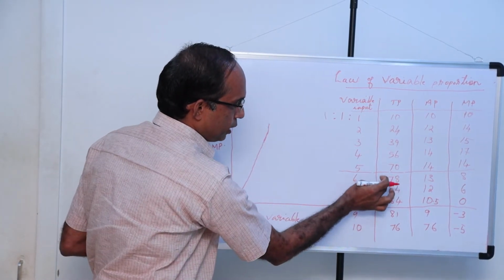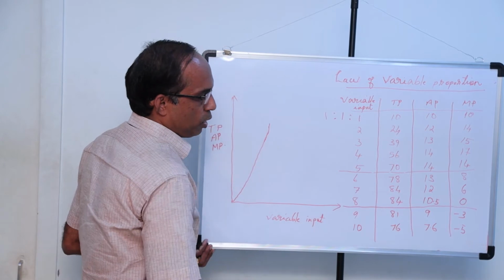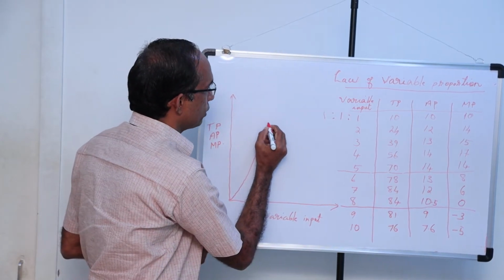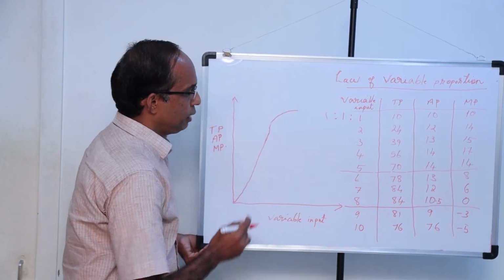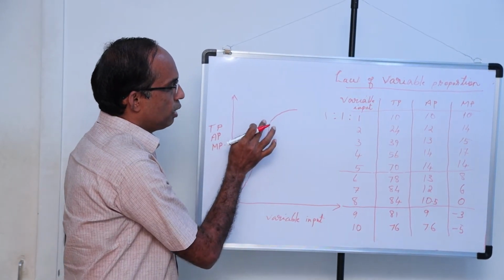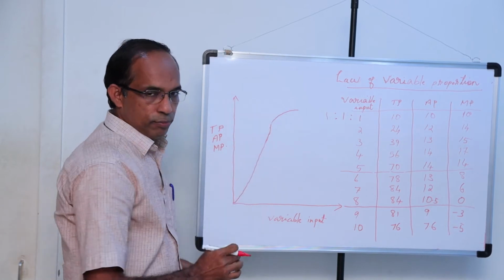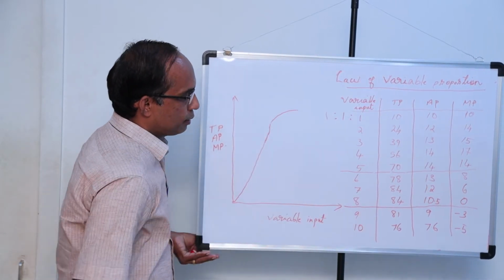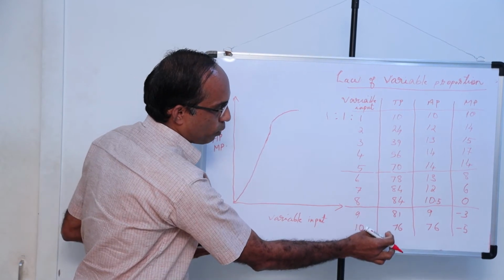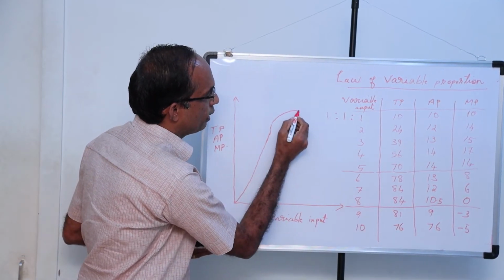Then the second stage, what happens to total product? Total product increases but at a diminishing rate. The curve is flatter. And this is the second stage. And in the third stage, what happens to total product? Total product decreases.